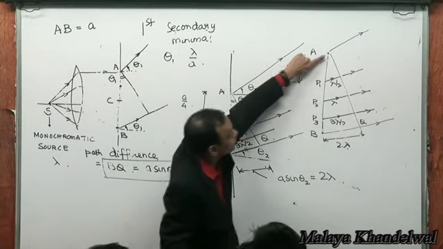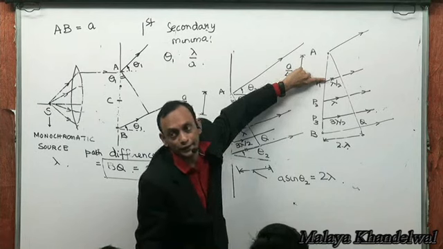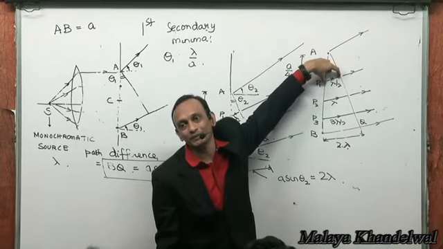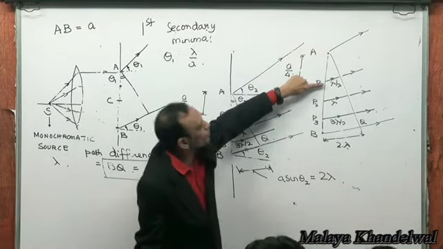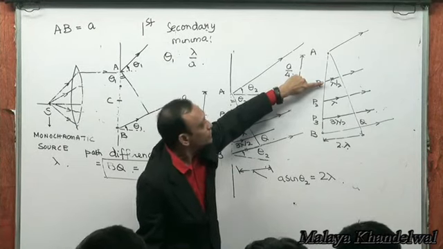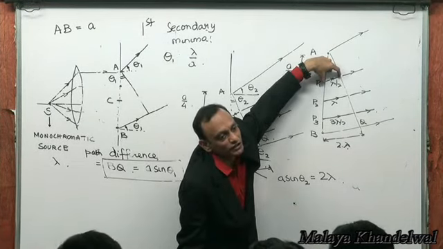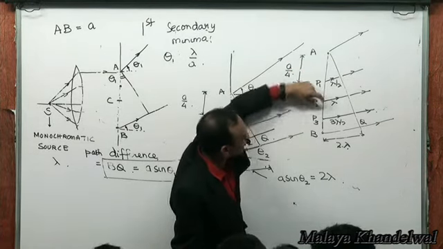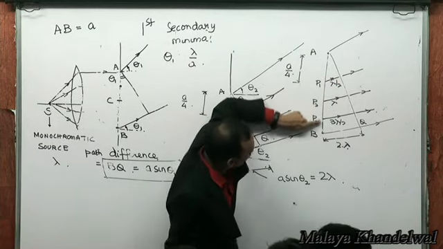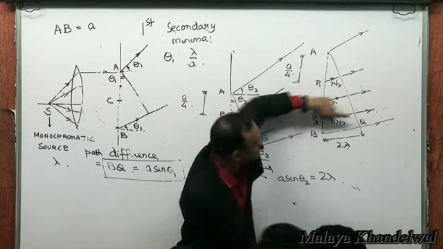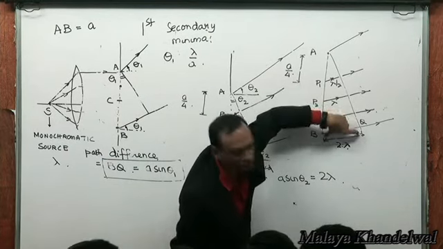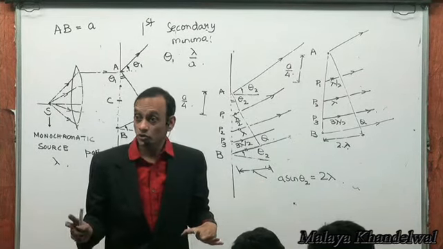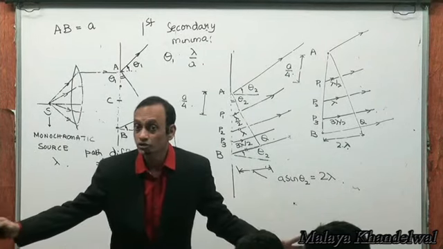That means every time you move vertically a length A by 4, the path difference that results is lambda by 2. Every time you move a distance A by 4 along the aperture, the corresponding path difference that results is lambda by 2. If you move another A by 4, another path difference lambda by 2 results, and so on. Such is my theta 2.